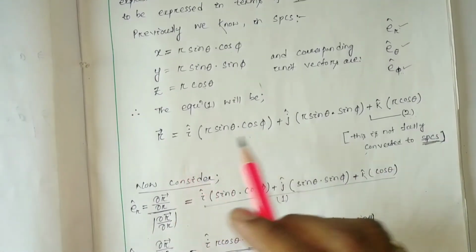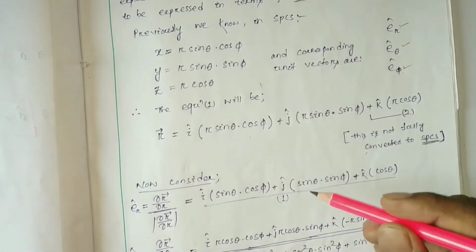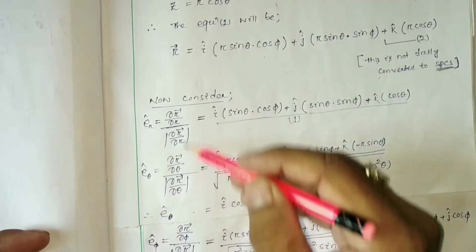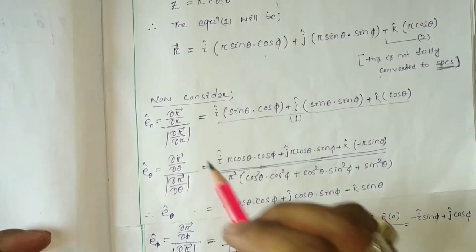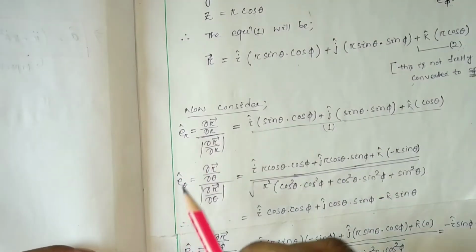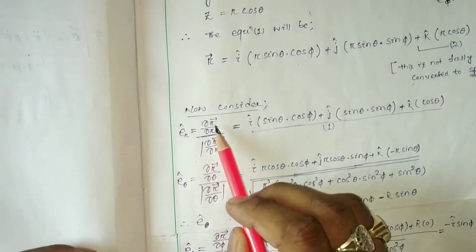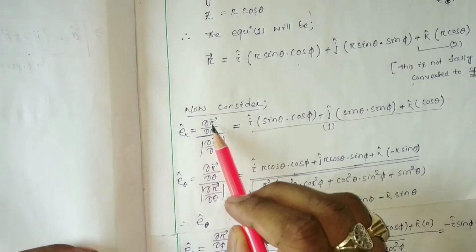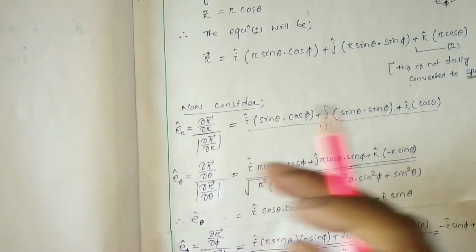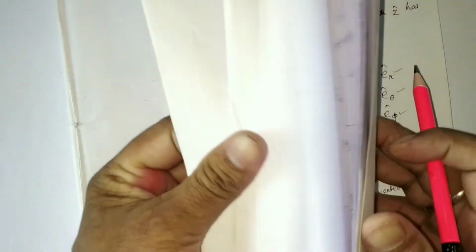So here i cap, j cap, k cap, how we are going to transform them into this form, I have discussed here. Okay, here you can see that if we consider e_r cap, that is nothing but del r by del r and its magnitude, that we know previously.